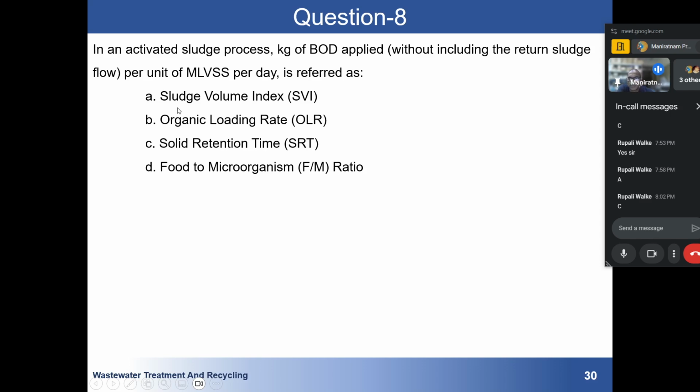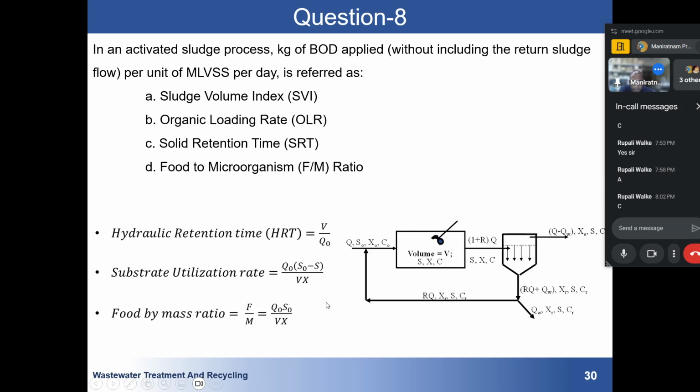So remember the question in the activated sludge process: kg of BOD, that is biochemical oxygen demand, applied per unit MLVSS. I told you this mixed liquor volatile suspended solids is sometimes referred to as MLVSS, and this is a very common term used everywhere.